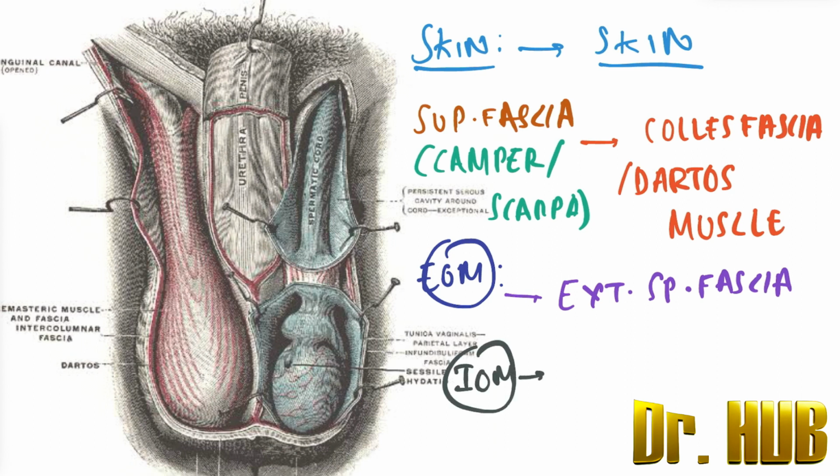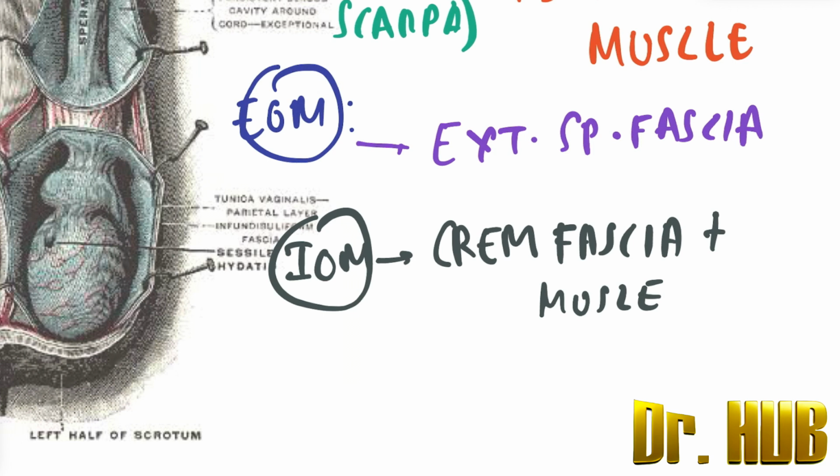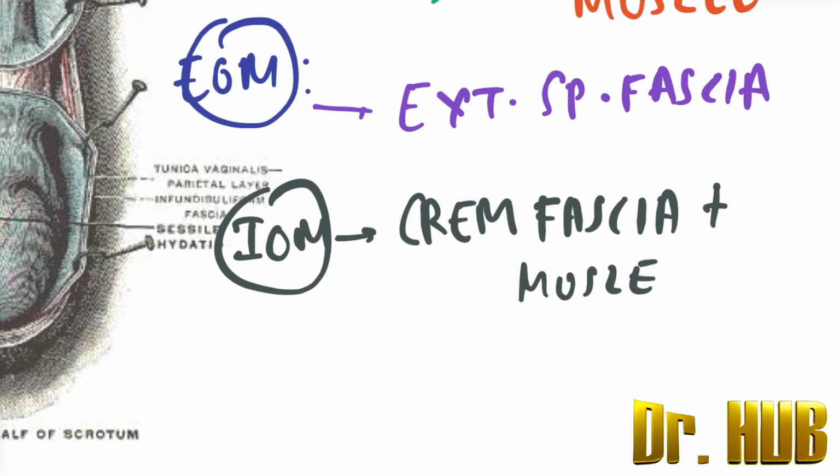This internal oblique muscle corresponds to the cremasteric fascia and the muscle. So the external oblique muscle gives the external spermatic fascia, and the internal oblique muscle gives the cremasteric fascia and the muscle.